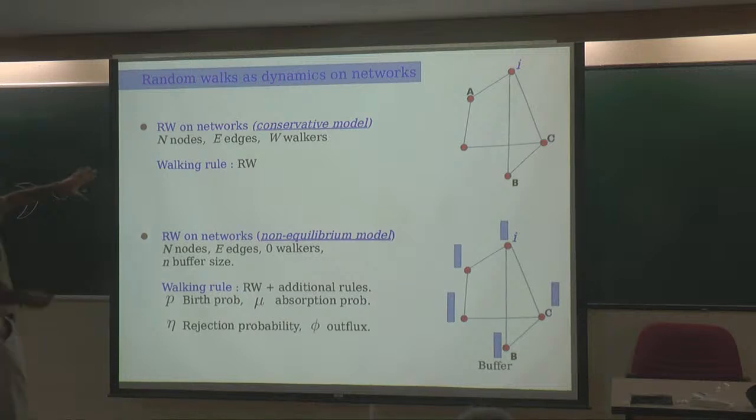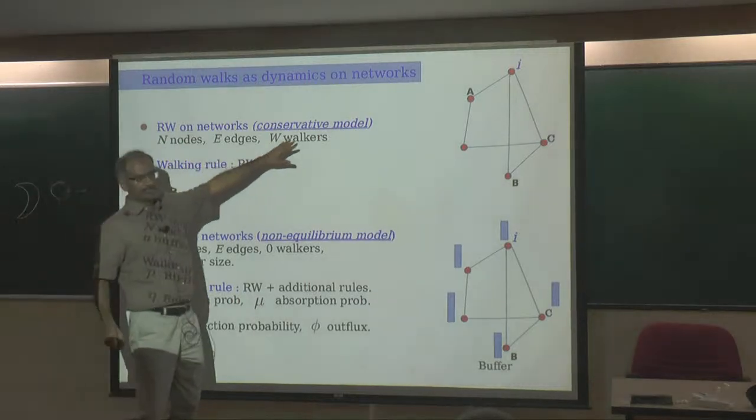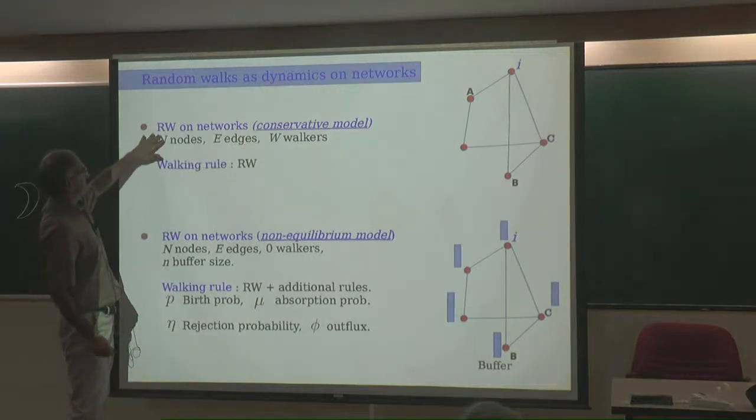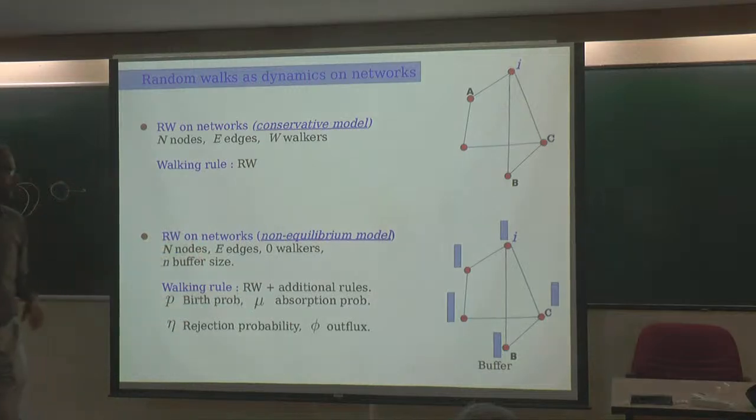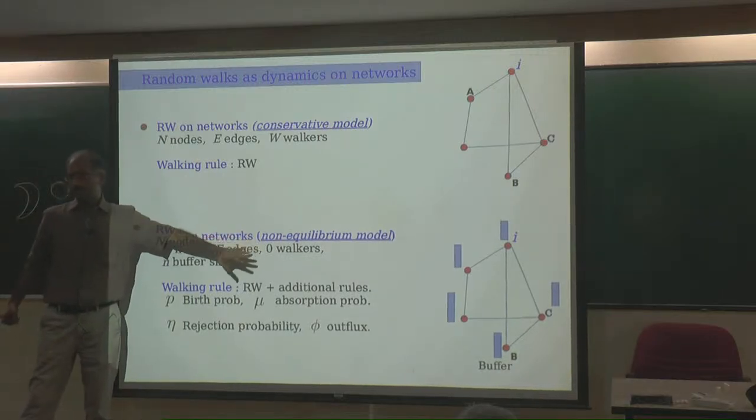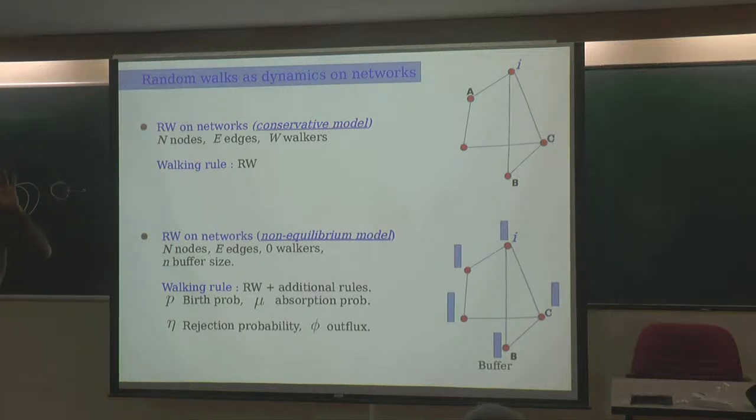So for instance, the model that I just described here, I called it a conservative model for the reason that the total number of walkers is a constant throughout the simulation, and it's a standard random walk generalized to a network scenario. On the other hand, you can construct a so-called non-equilibrium model where many things will be changing.